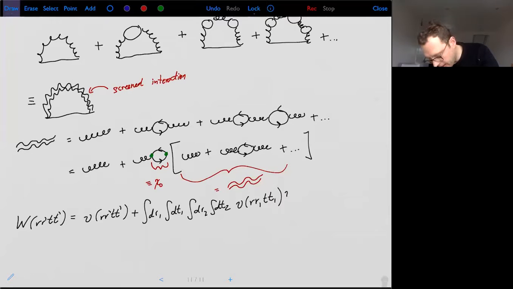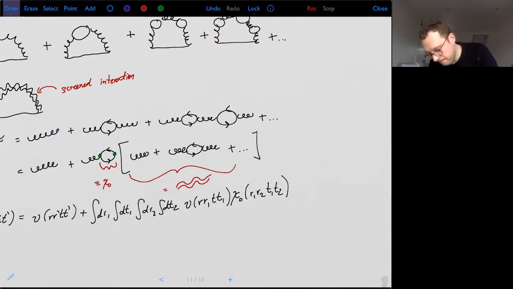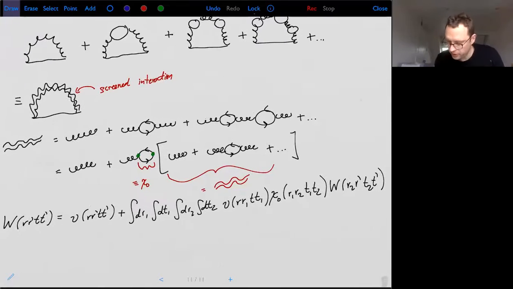Then I have this chi0 object, and then I have another screened interaction. Right. So I'm just using these Feynman rules to translate my diagrammatic equation into an algebraic equation. And well, that's what it looks like.